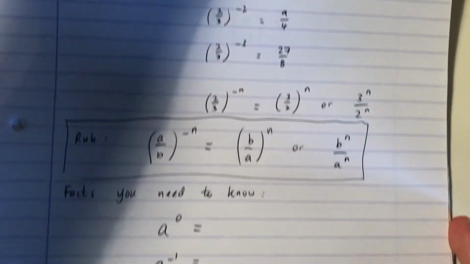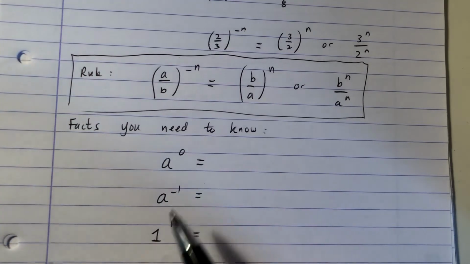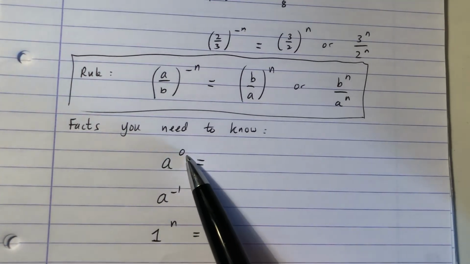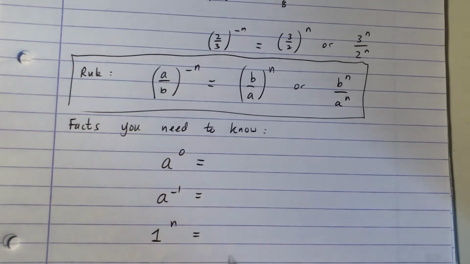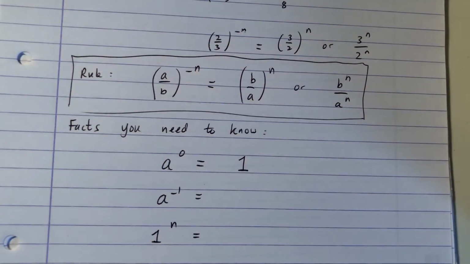Now, a few other facts which you might already know, but I'm going to state them just in case: anything to the power of 0, and your calculator will back me up with this, is 1. Anything to the power of 0 is 1.